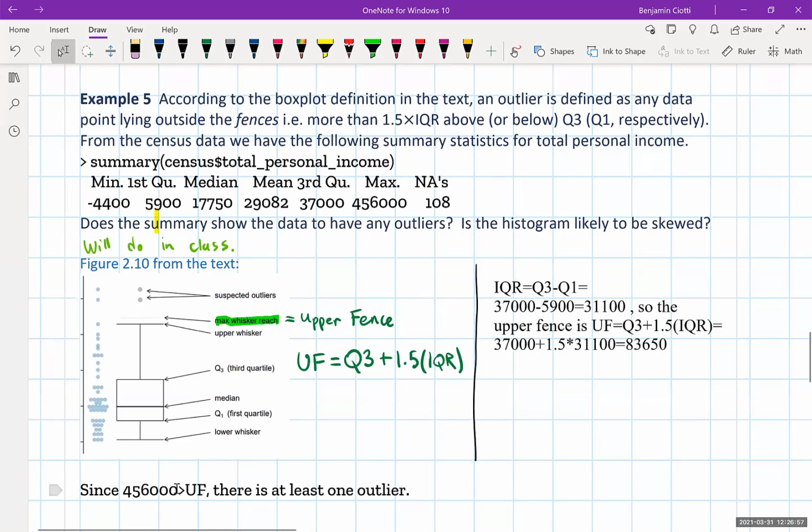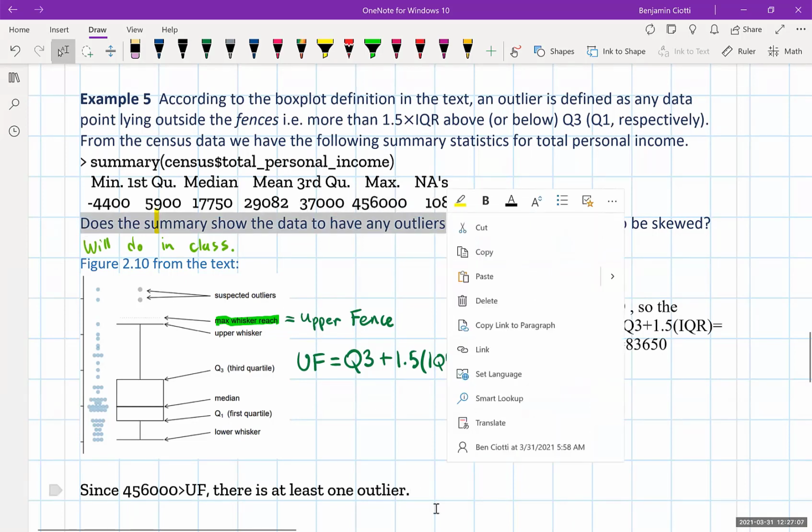Namely that maximum value. Maybe there's more, but there's at least one. So that is why the answer to the first question that I asked is yes.